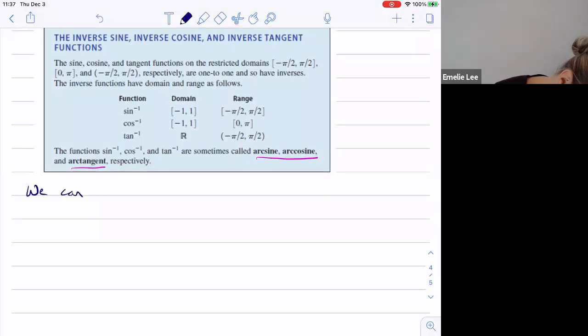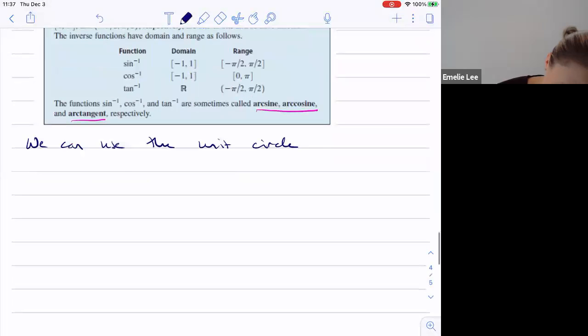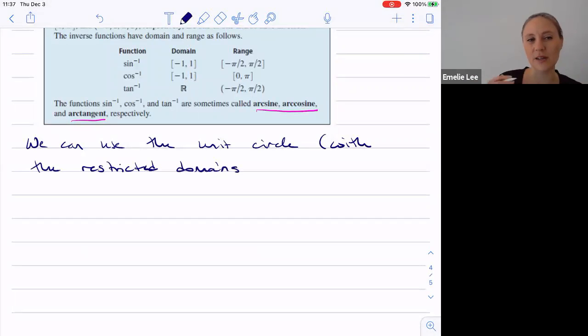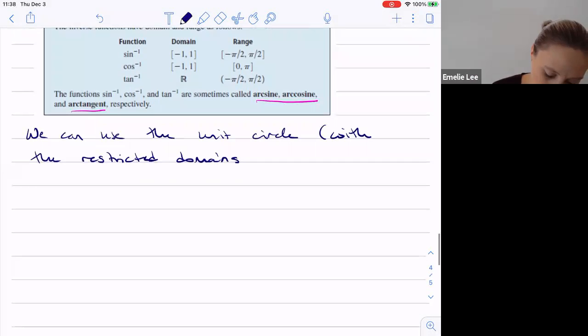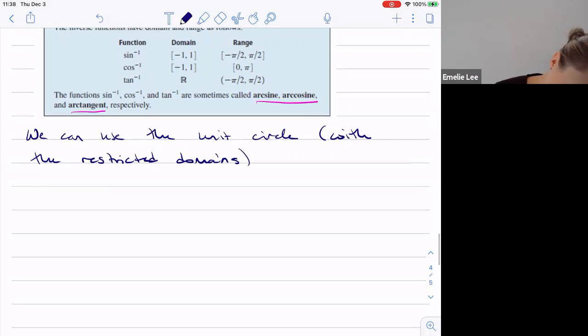So we can use the unit circle with the restricted domains, depending on if it's sine or tan, then you're on the right-hand side of the circle, or if it's cosine, then you're on the top half of the circle. So we can use the unit circle with the restricted domains to evaluate inverse trig functions.